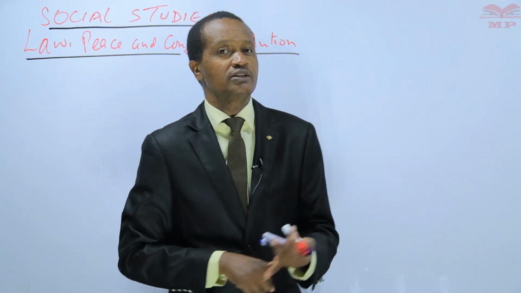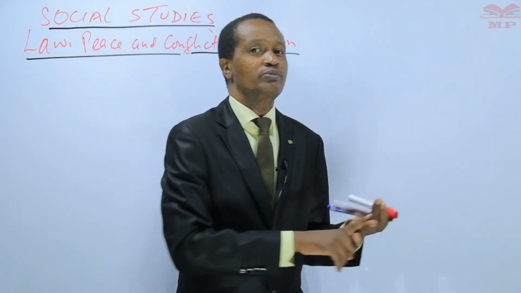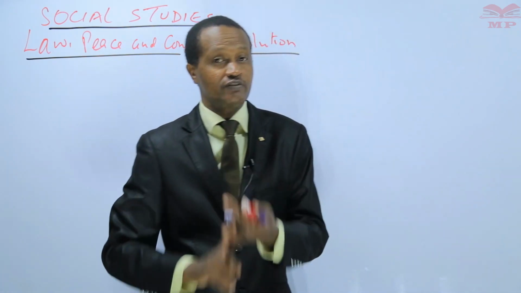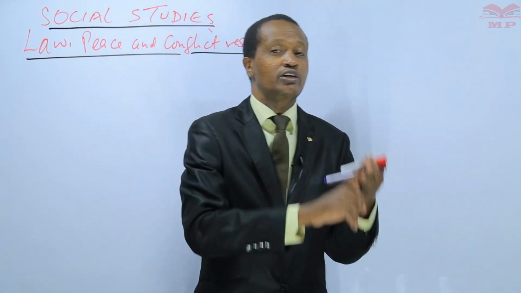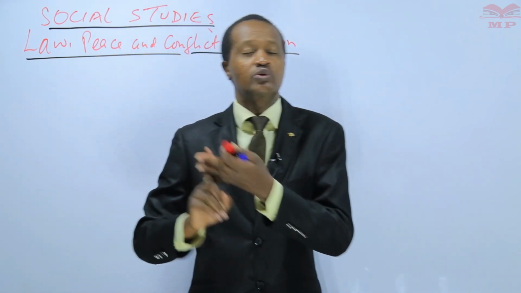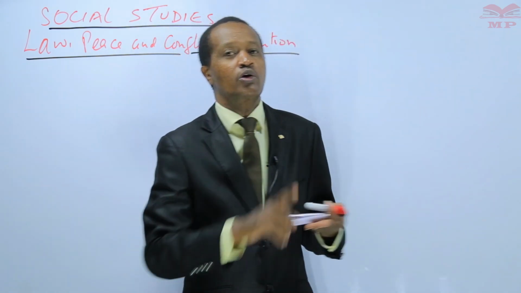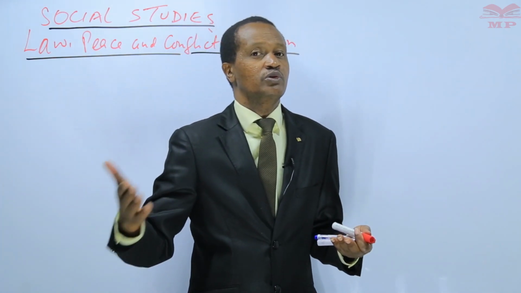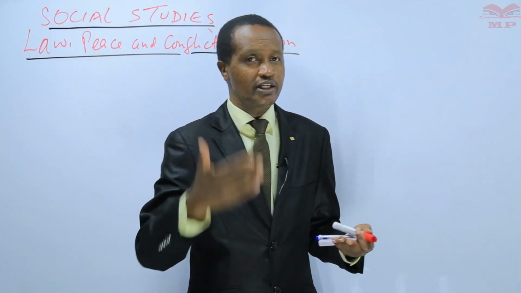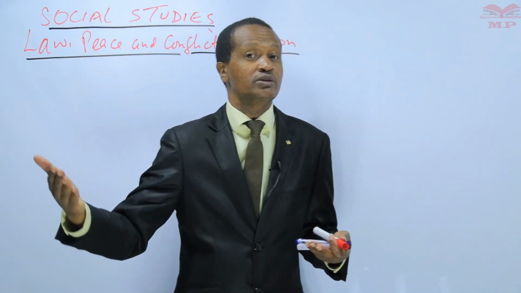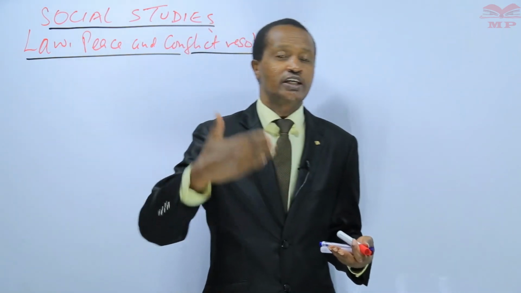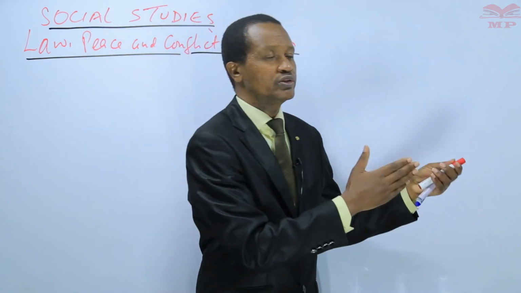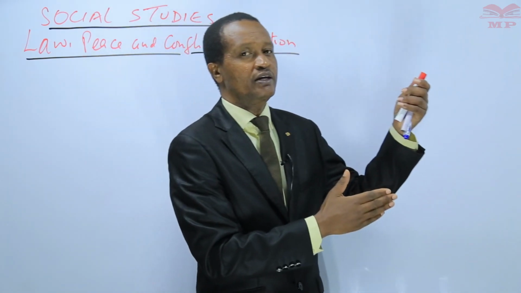incidences of lawlessness. We say that lawlessness in a region makes it difficult for the government to provide social services and facilities like schools, hospitals, good roads and boreholes or tapped water. We explained that the reason why the government cannot provide these facilities is because the government relies on the people to provide schools and hospitals.